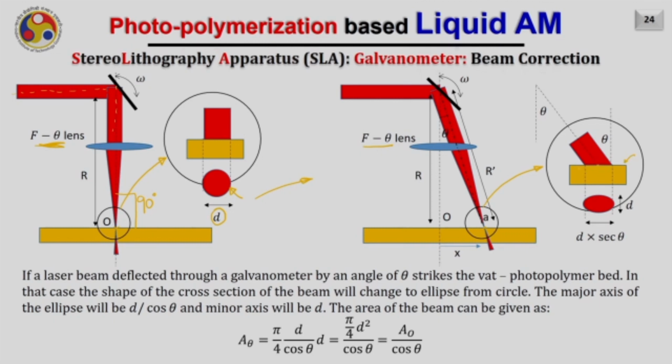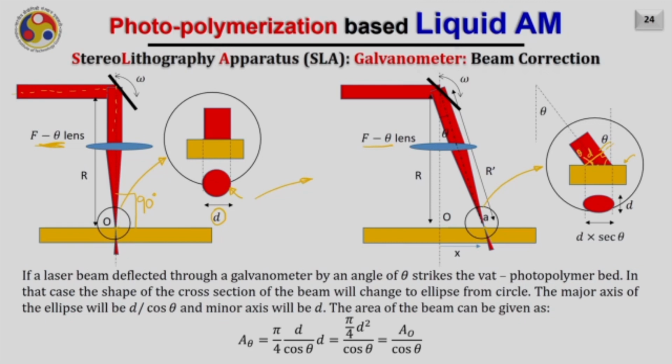It is of course here, but the actual plane will be this. Then in that case, the distance from here to here, this distance, is d. But as the laser is incident at an angle theta, this angle will be theta, and hence if this angle is theta, this angle will be 90 minus theta, and if this angle is 90, this will be again theta. So let me write this angle as theta.